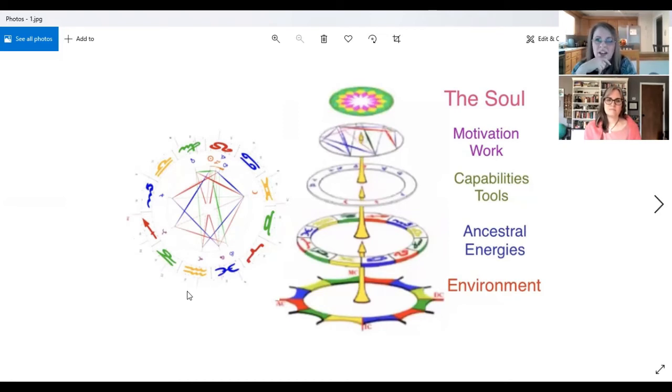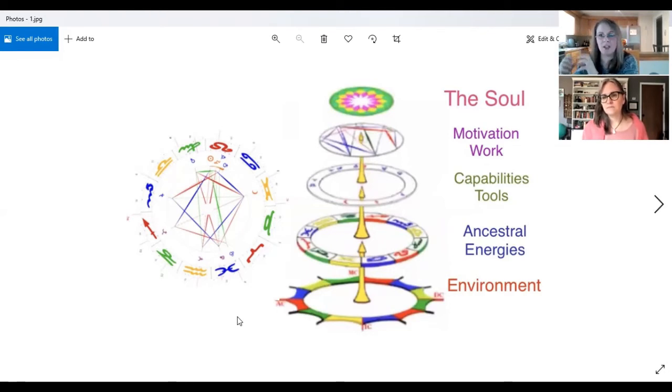The houses are areas of your life where things happen. Everything that is happening here will be played out in one area of your life, from communication and self worth to career or connections with others. So it defines where things happen.